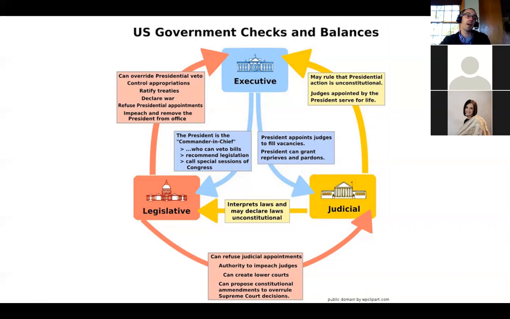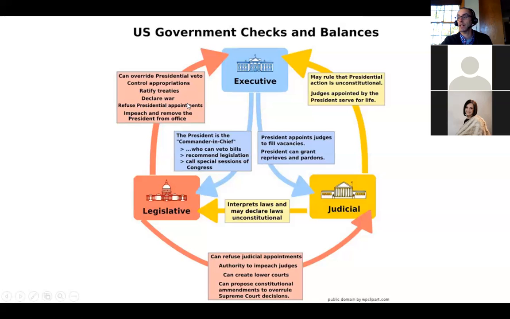But then it goes back to Congress. And if they can override the veto with a 2/3 majority vote, a very high bar, right? 2/3 of the House of Representatives and the Senate need to agree to it. But if that many people agree, then they can override the president's veto. So that's a checks and balance.